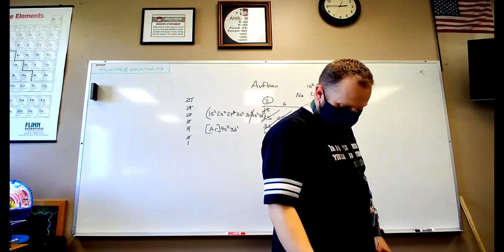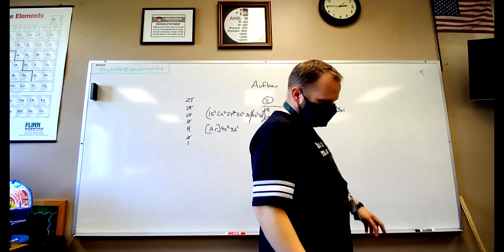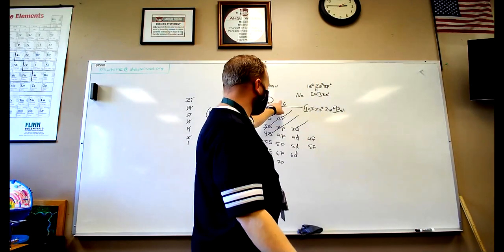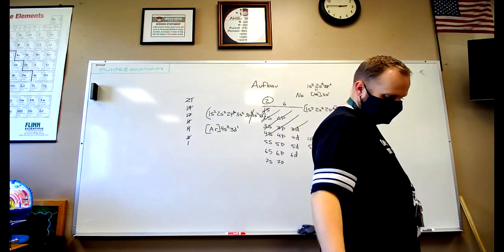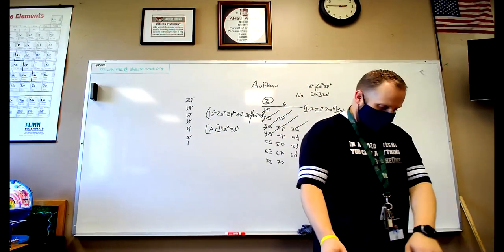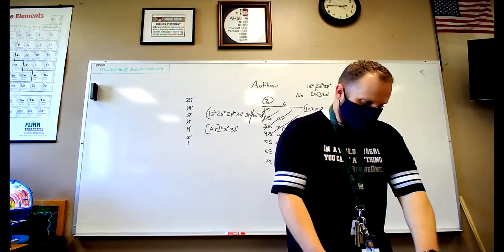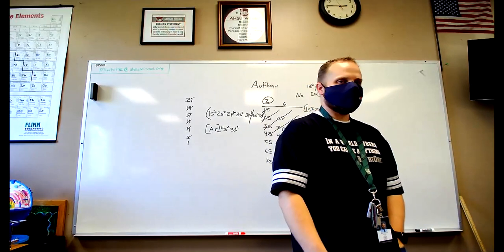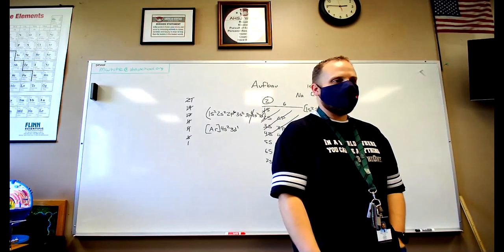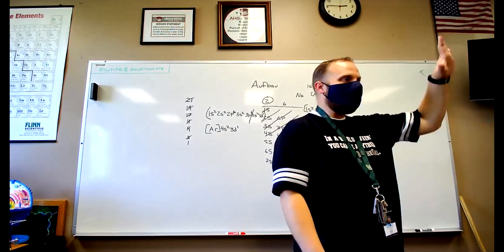Okay, so the question is, we figured out 2 and 6, how many will fit in the d orbital? Well, to figure that out, we can go back to our chart on page 156. How many boxes are in the d orbitals on that chart? 5.